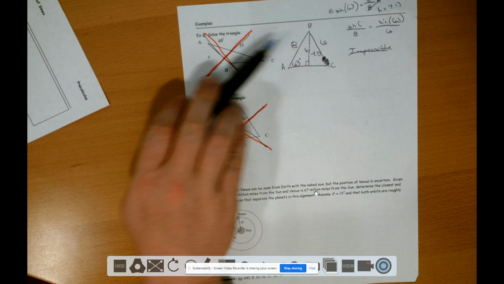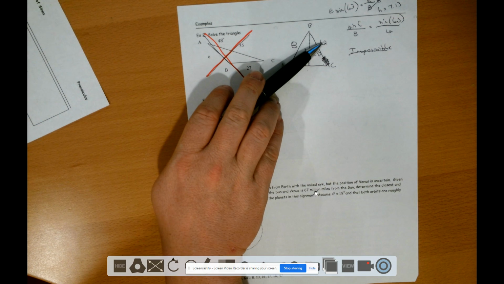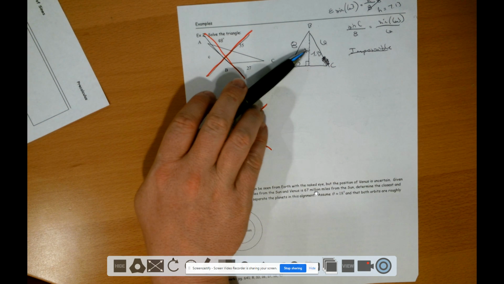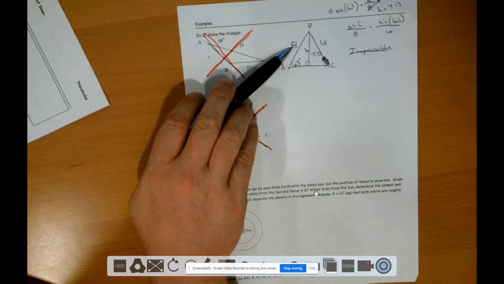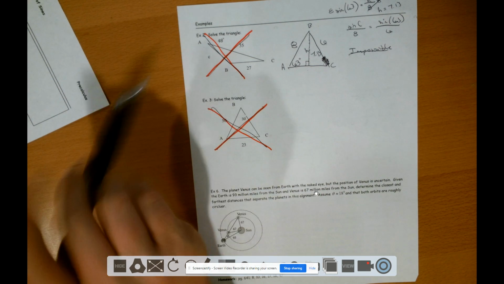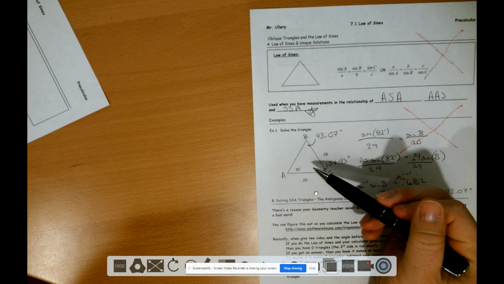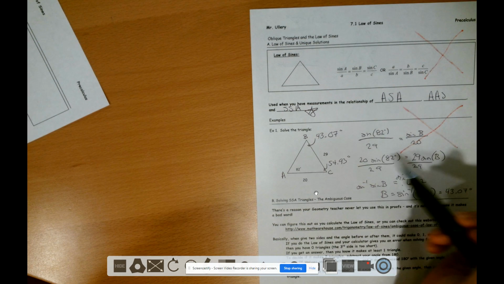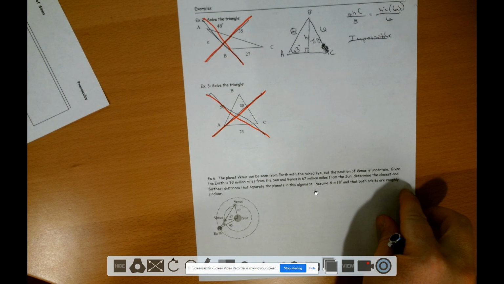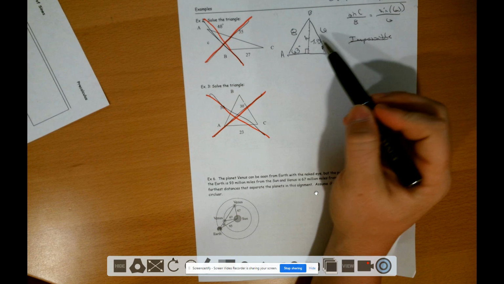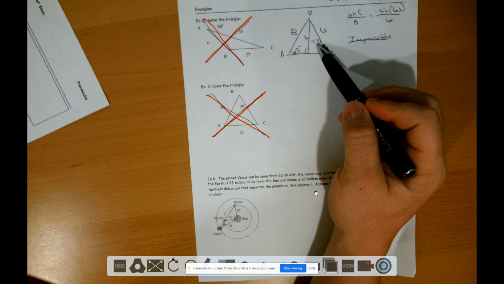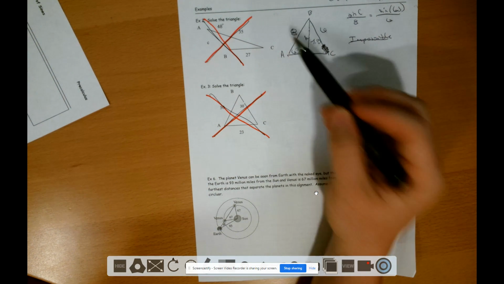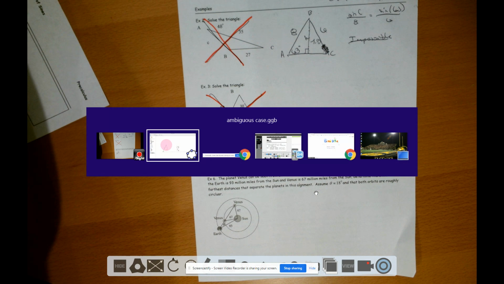So if the 6 happens to be bigger than both 7.13 and 8, then you're going to have one triangle, and you're going to solve it very similar to how we solved for this triangle right here, just doing the law of sines and working your way through it. But if you choose a value that is between 7.13 and 8, that's where you're actually going to get two triangles, and I'll show you right now.